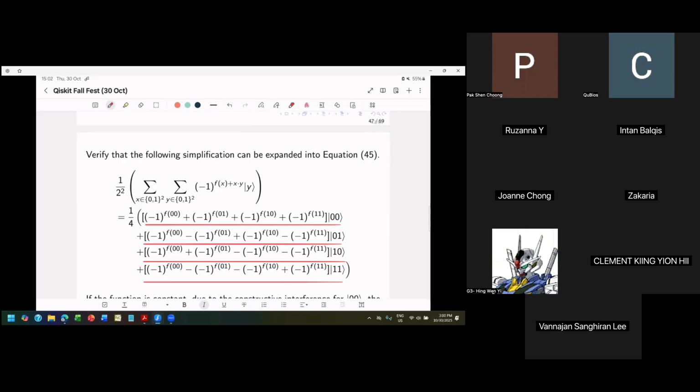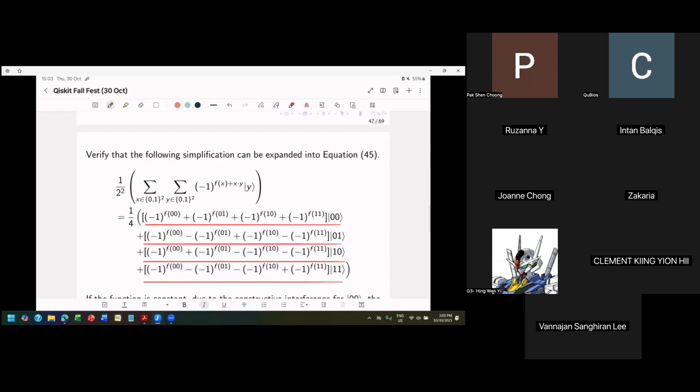Okay. So what will happen if it is a balanced function? The 0, 0 state will be destroyed, right?